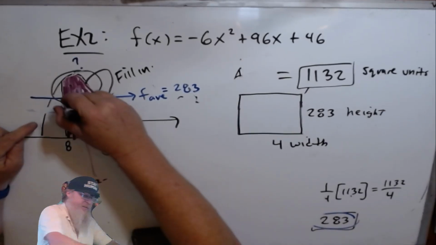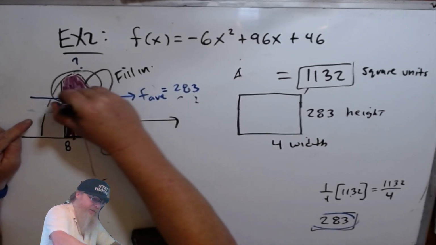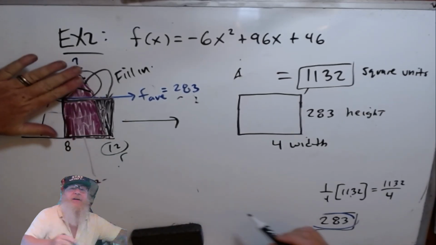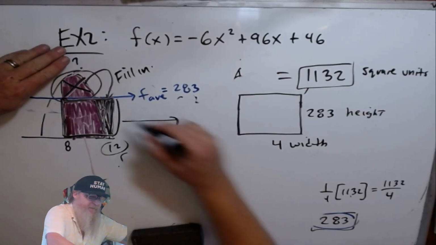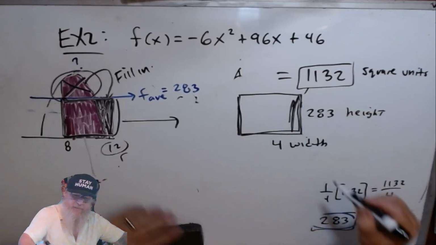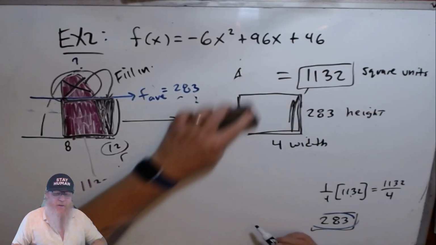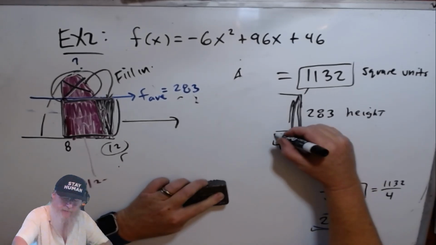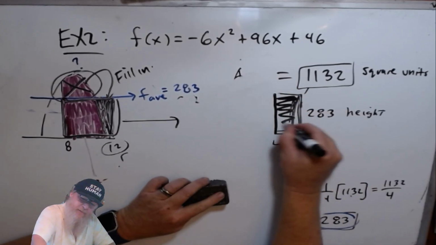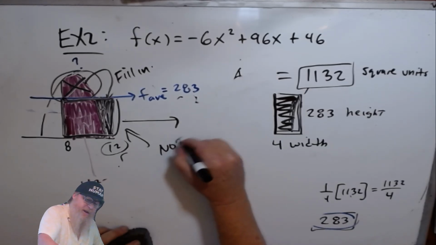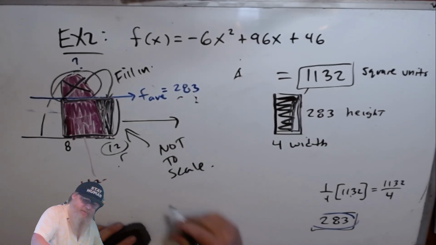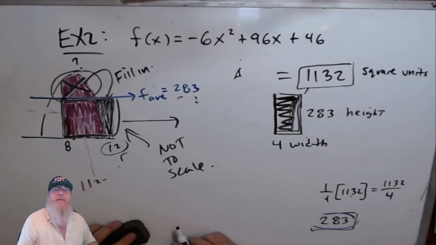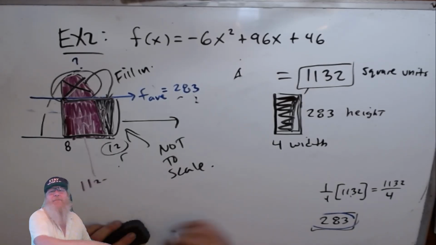And so you would cut this off here, and you would just have this box, right? Although it would probably look more like this. So the drawing is not to scale. My parabola was terrible.